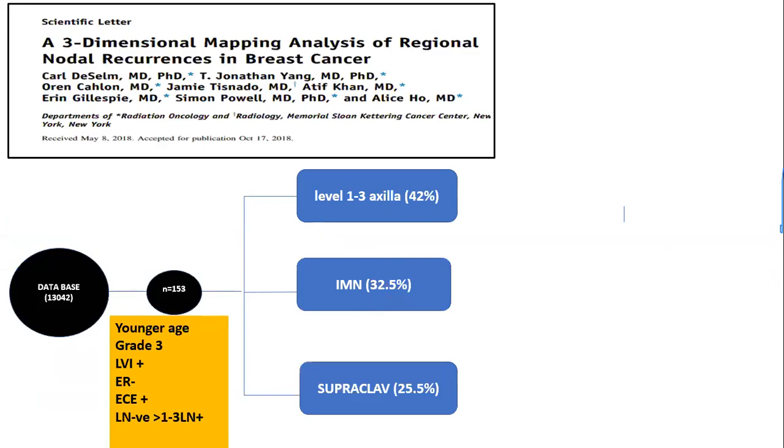We don't get so much axillary failure. Ma'am, may I say something? Yeah, please. Ma'am, I think this 42% is because they have taken all failures into consideration, and they said that out of all the failures, 42% occurs in the axilla.